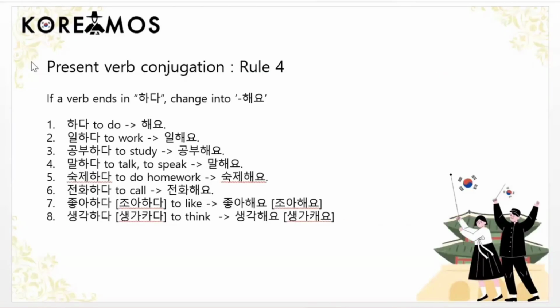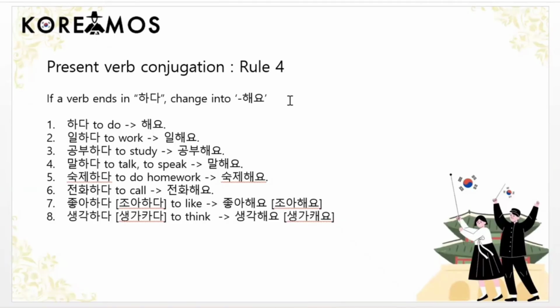Okay. Here is present verb conjugation rule 4. So, if the verb ends in 하다, change it into 해요. In English, we have a lot of combination verbs, do plus noun. Do laundry, do grocery shopping, do homework. In Korean as well, we have the verb 하다, like noun plus 하다.